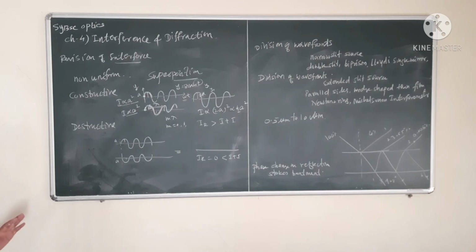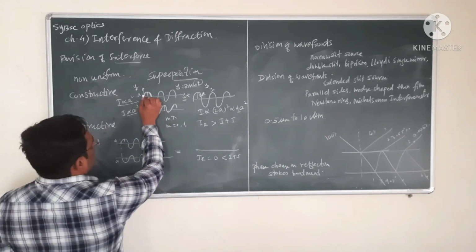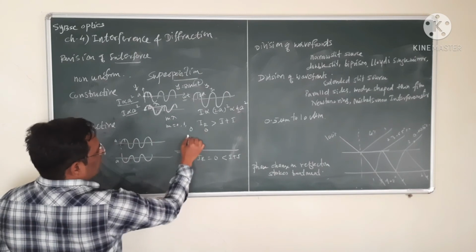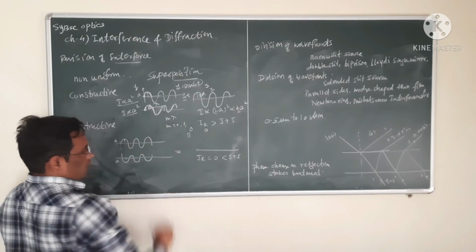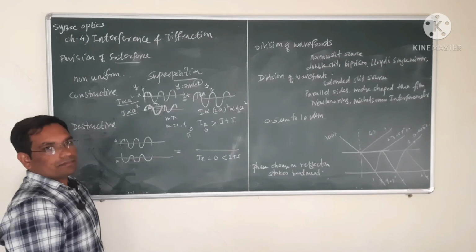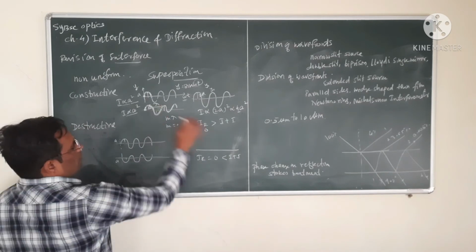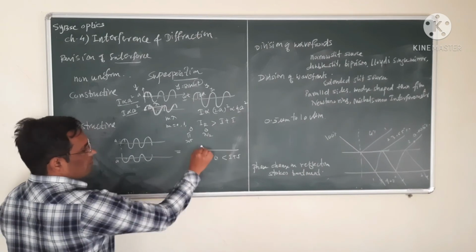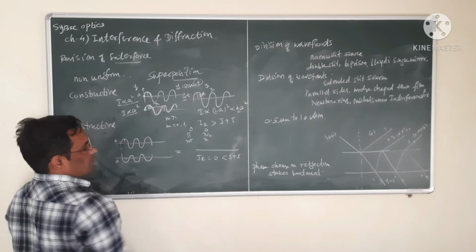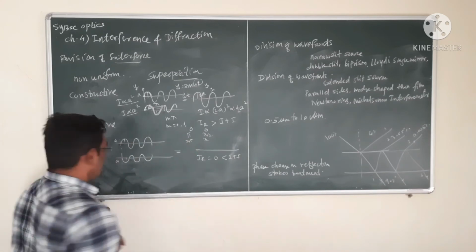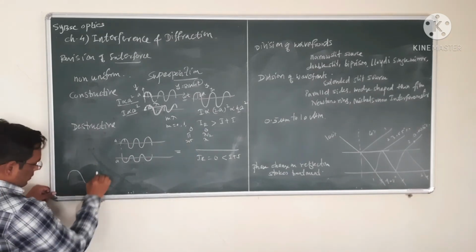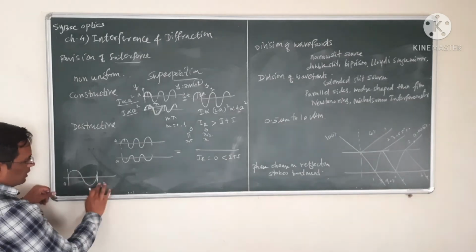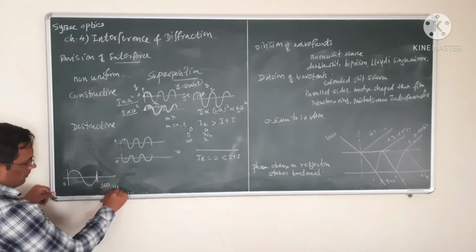Okay. Now, if phase difference is 0, it means path difference is 0. If phase difference is pi, meaning 180 degrees, then path difference is lambda by 2. If phase difference is 2 pi, then path difference is lambda. Why did that relation come? Because we know that for a single wave, this is 0, this is 360 degrees or 2 pi.